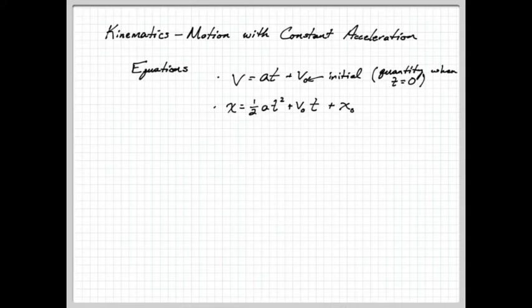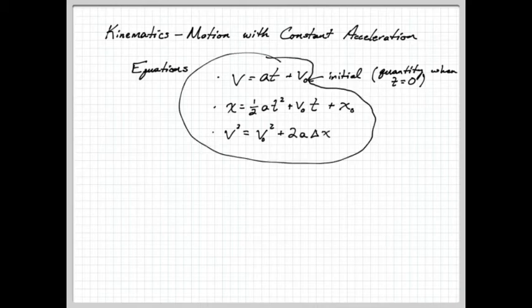So we define the third kinematic equation, again a combination of the previous two, as the final velocity squared is equal to the initial velocity squared plus 2 times the acceleration times the displacement. And these represent your kinematic equations.